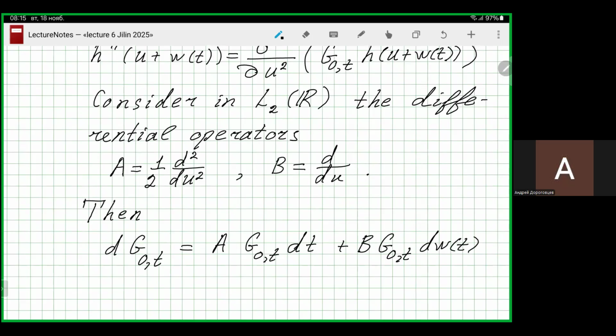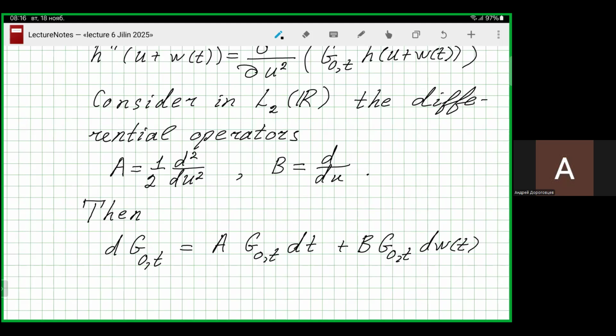And now one can think that this is the analog of the equation for the stochastic exponent from example 1. Only one but essential difference is that A and B are now unbounded operators in the space L2(R).